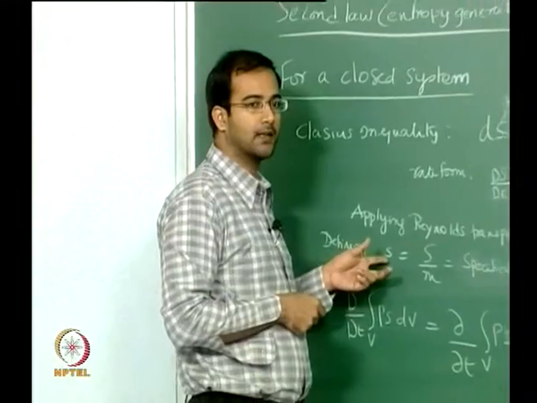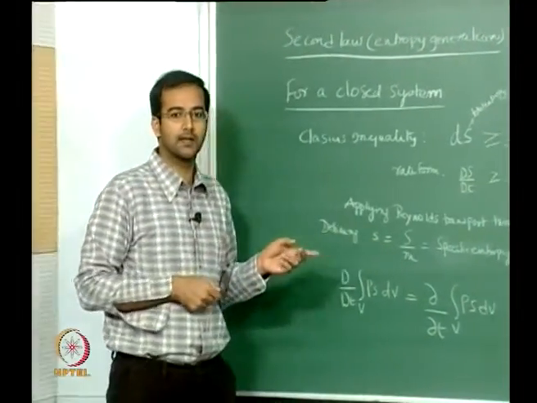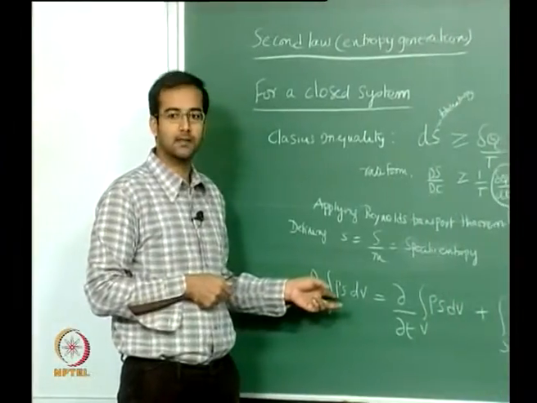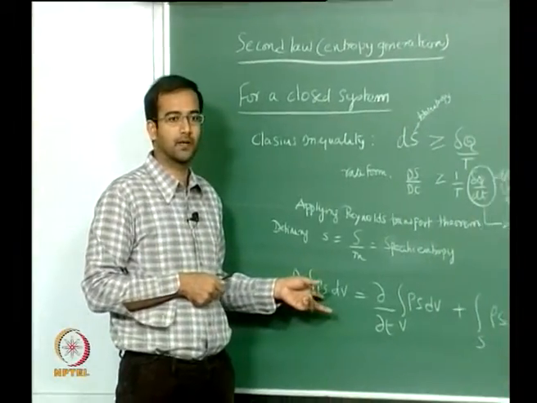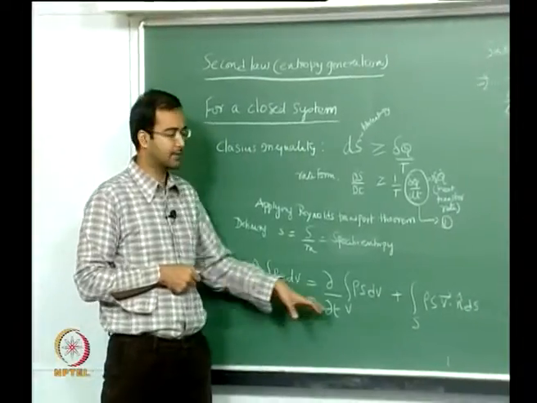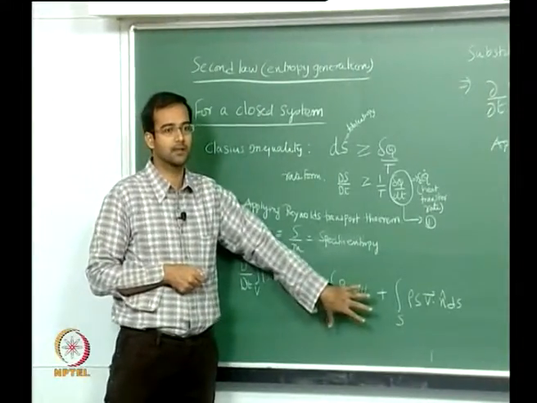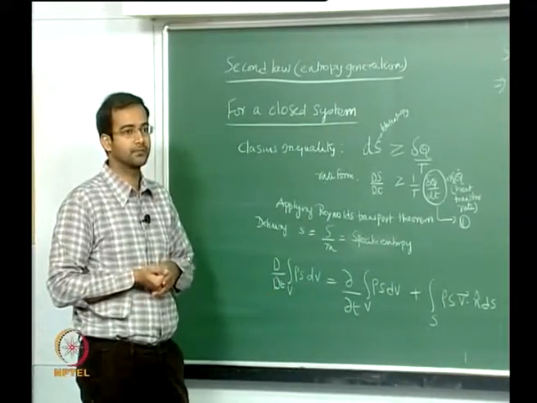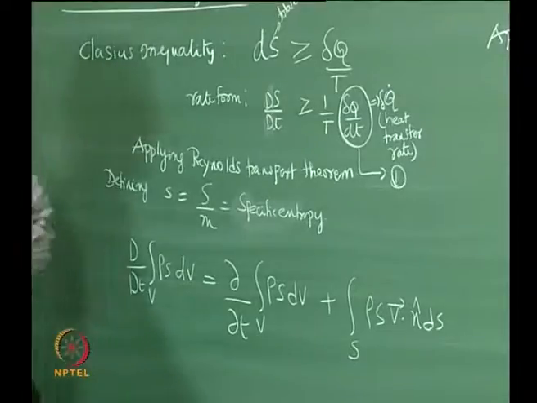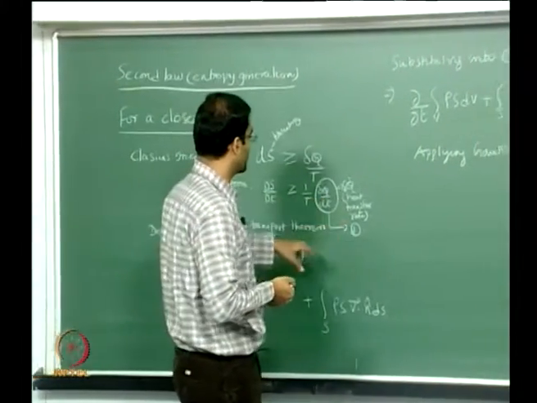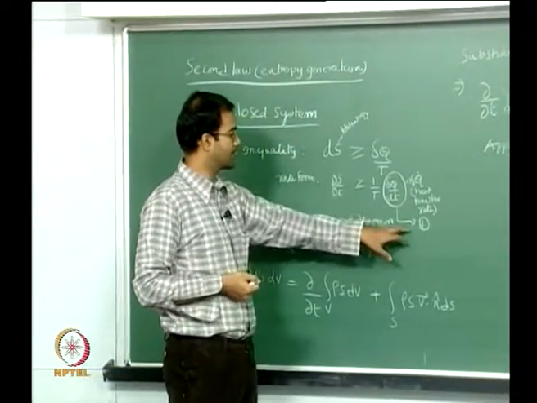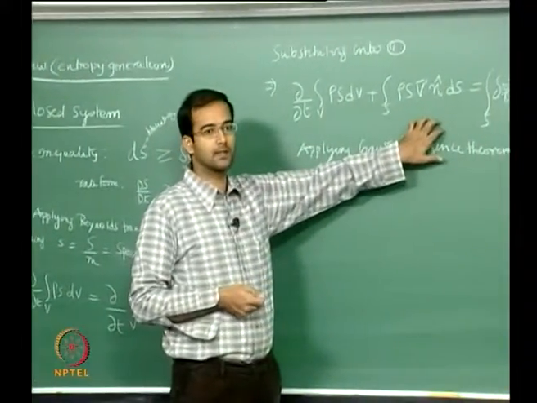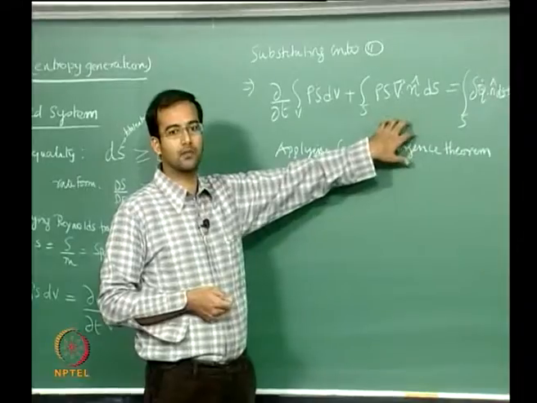In the Reynolds transport theorem, the alpha is a property per unit volume, right? So that can be expressed as rho times the specific entropy. We can expand this using the Reynolds transport theorem like this. Now the right hand side applies for an open system. So if you substitute this Reynolds transport theorem expression into 1, this is your equation which defines the conservation of entropy for an open system.